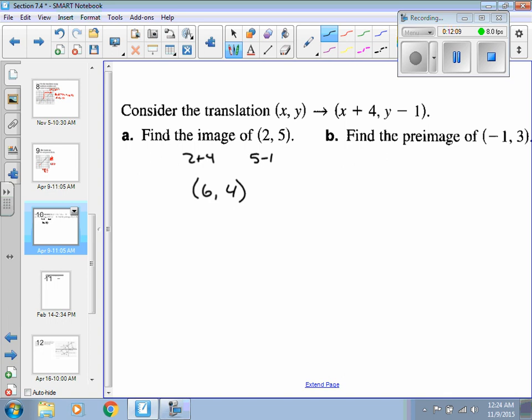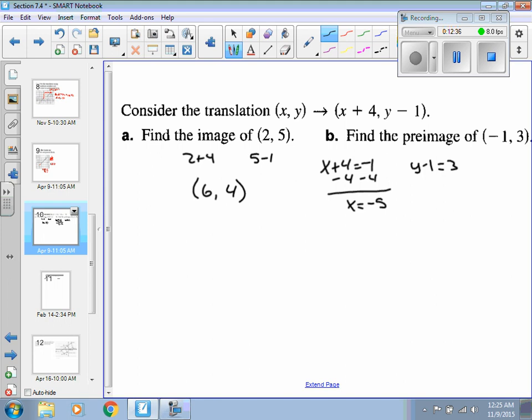In other words, what we've done is we've taken x and added 4 to it and ended up with negative 1. The same thing's true when we take y minus 1. We end up with 3. And what we want to do now is work backwards in order to figure out what those points are. So we're going to simply solve our equation. We subtract 4 from both sides, and that tells us our x coordinate on our pre-image is negative 5.